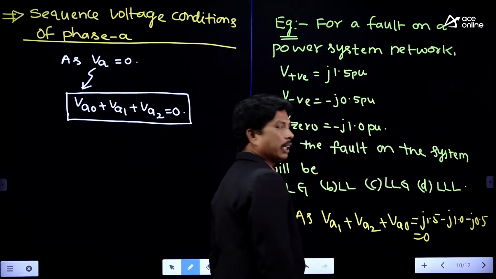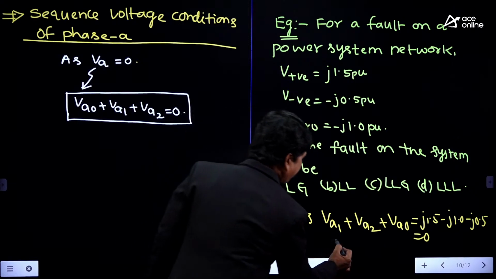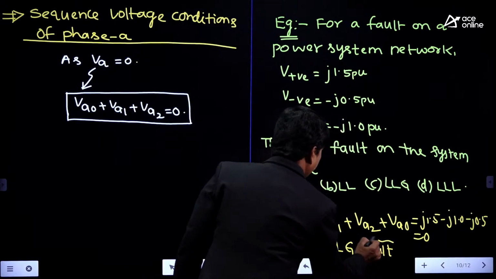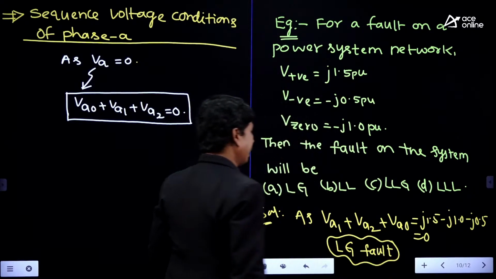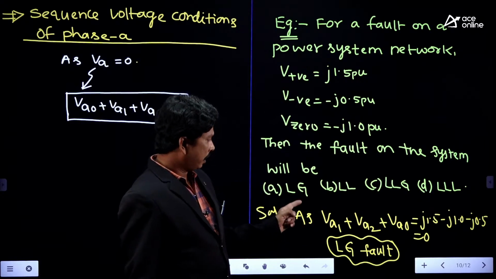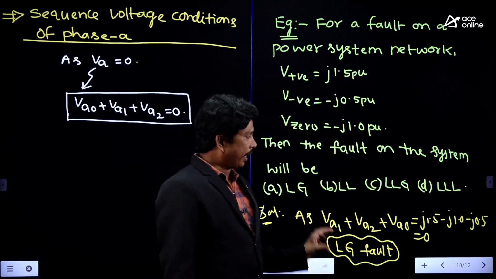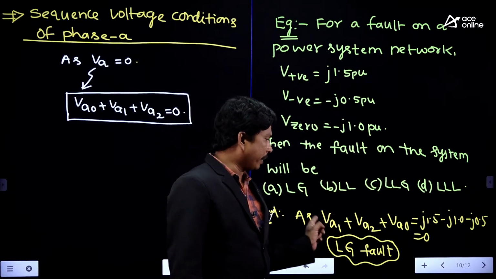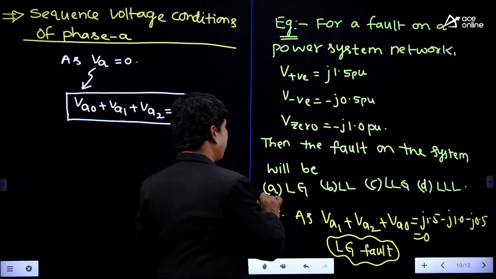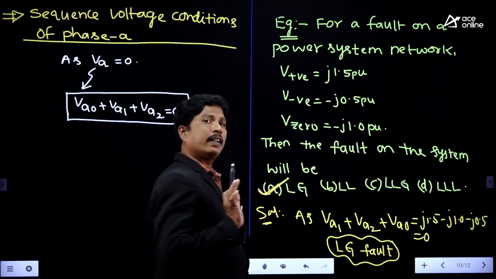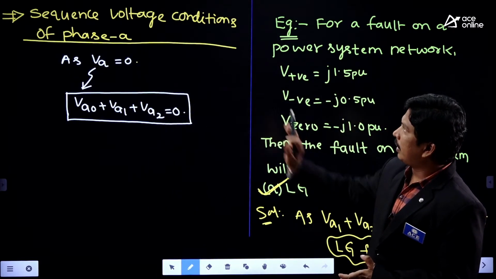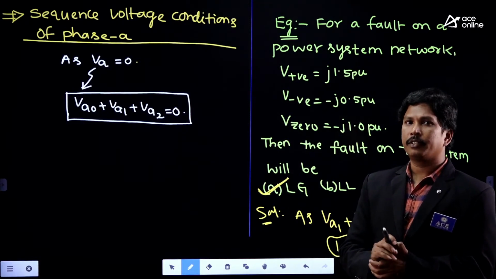So this fault is an LG fault. Whenever positive, negative and zero sequence voltages all exist and their sum is equivalent to 0, that fault will be an LG fault. Like that they will ask very simple questions only. Clear? Right, that is the sequence voltage conditions of phase A.